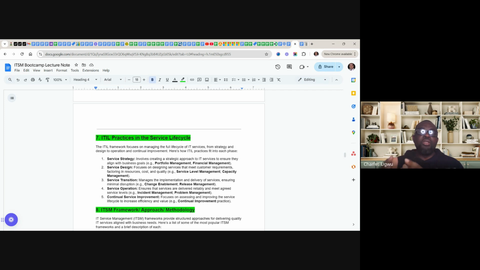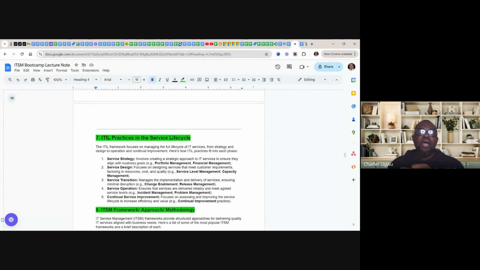During the service transition, you develop and deploy, and then you have to start using it at service operation. Ensure that services are delivered reliably and meet agreed service levels. Incident management, problem management. So this is when you start using the service you've just implemented to solve incidents, IT service problems.